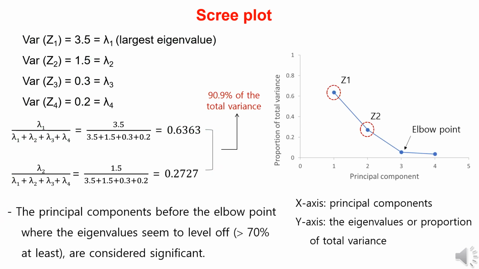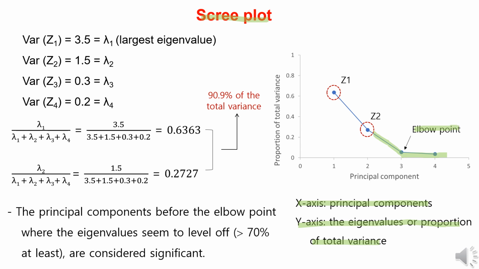With the obtained proportions or eigenvalues as the y-axis and the corresponding principal components as the x-axis, we can plot a graph known as a scree plot. This scree plot helps us determine how many principal components should be chosen. The point on the scree plot where the y values show a distinct change and flatten out is called the elbow point.